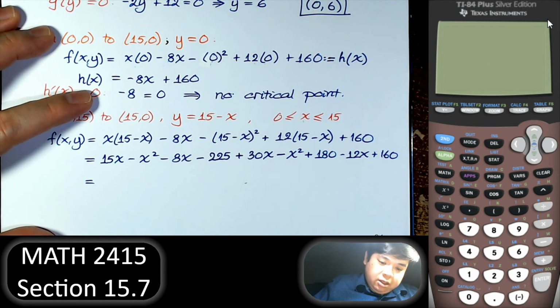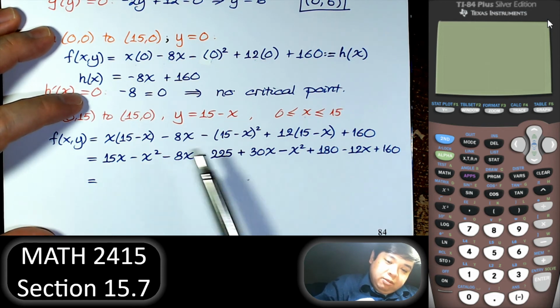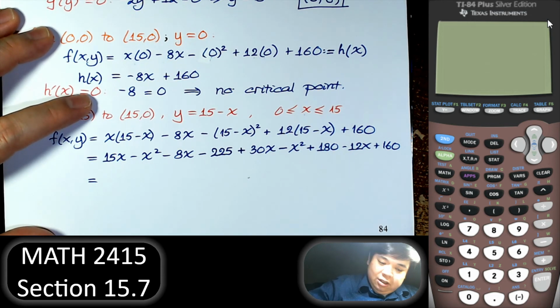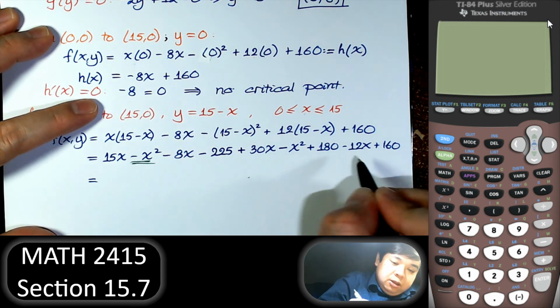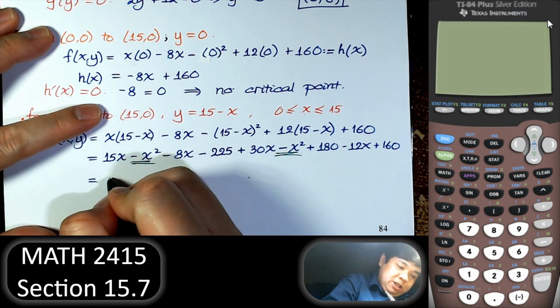Combine like terms. How many x squared do we have? Two.